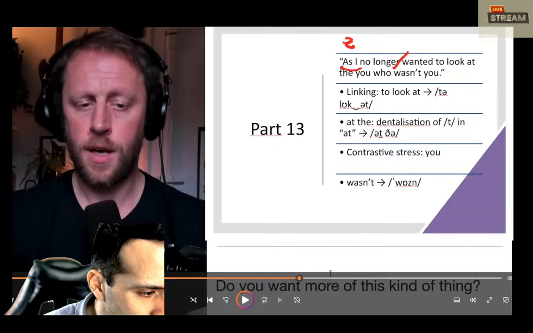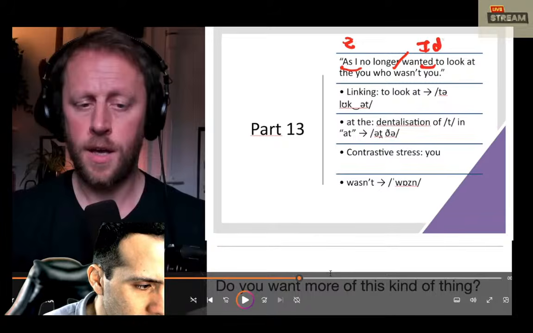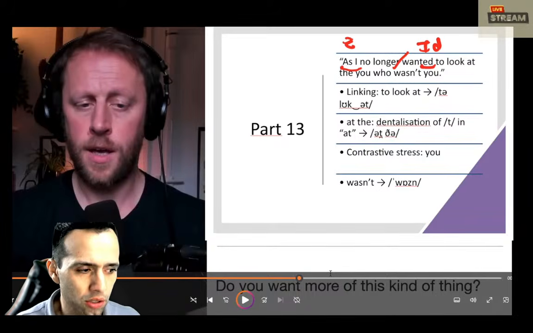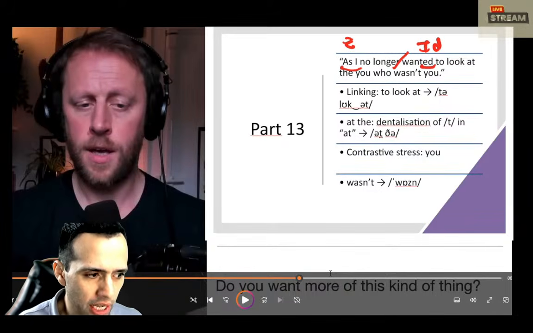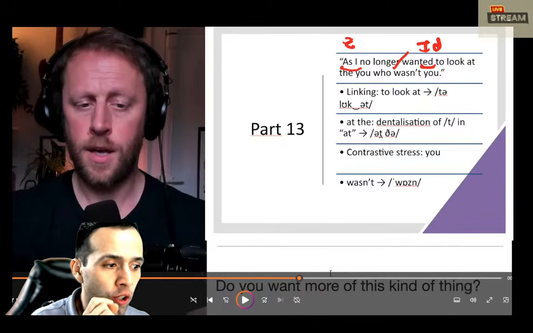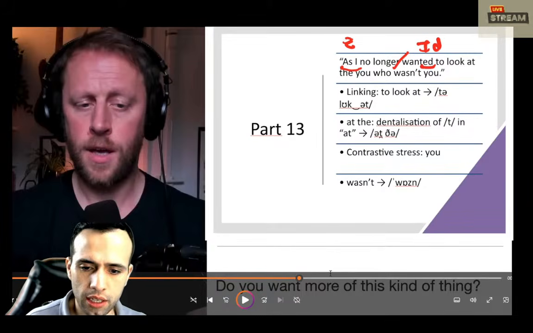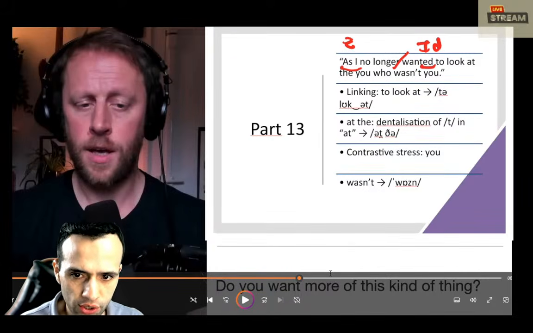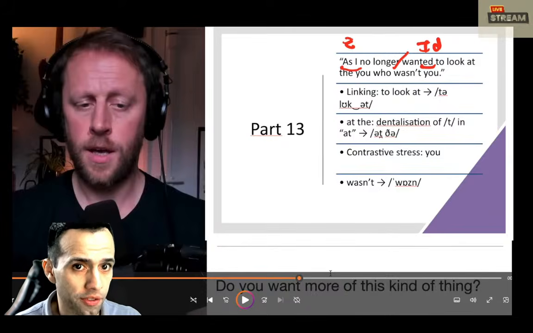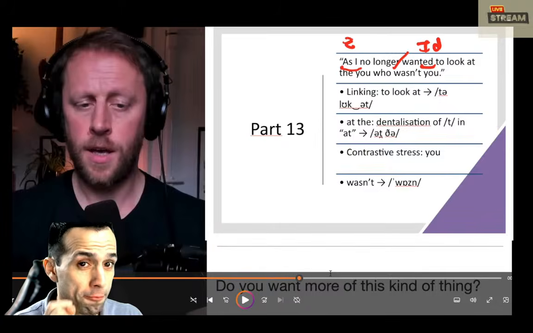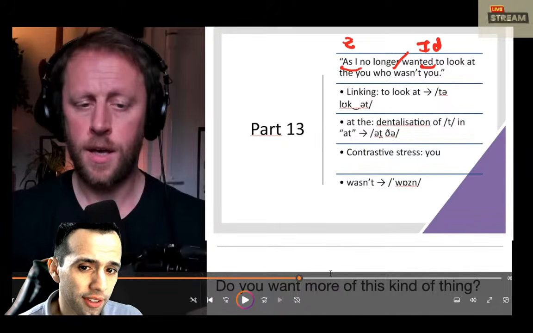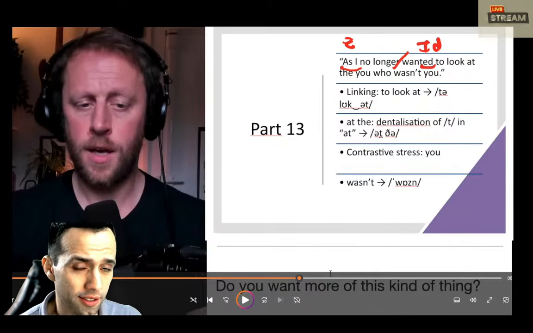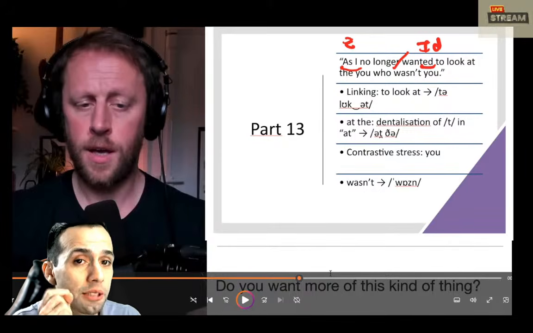As I no longer wanted. This ed is pronounced as id: wanted. The word want in British English is pronounced with a short o sound, but in American English it's want, with an r sound.